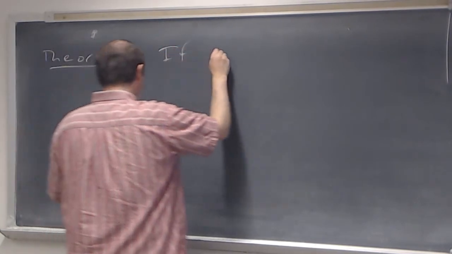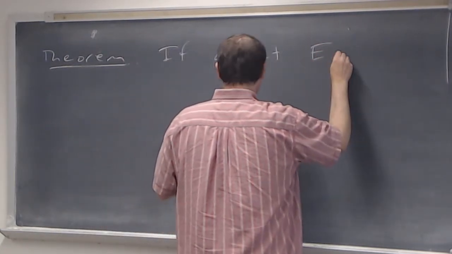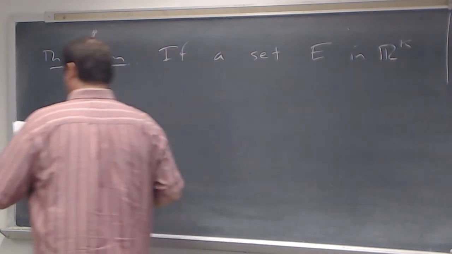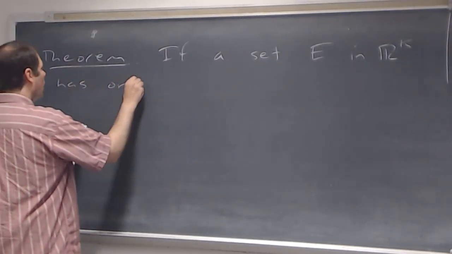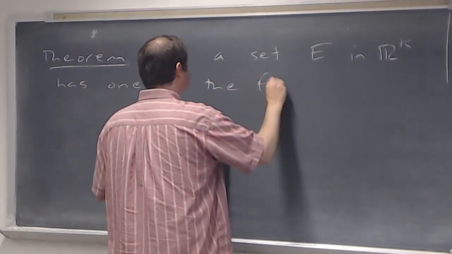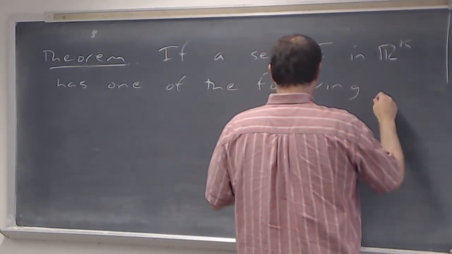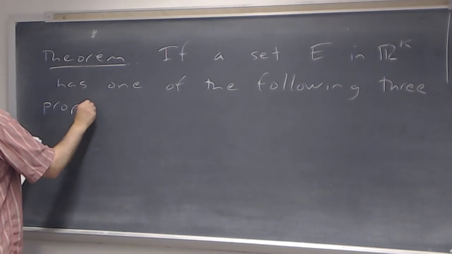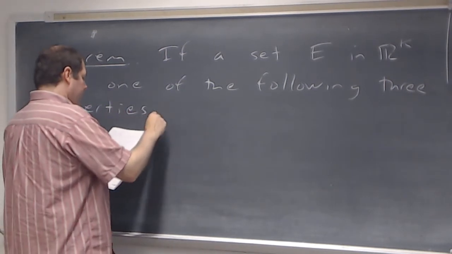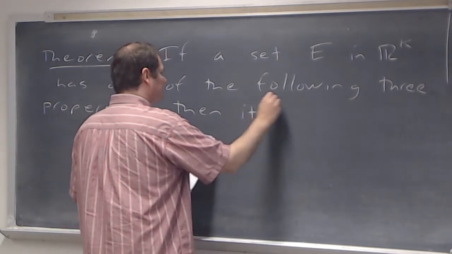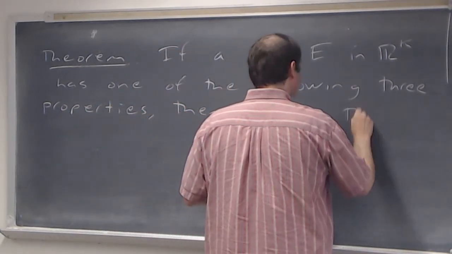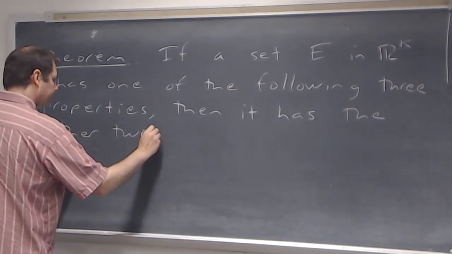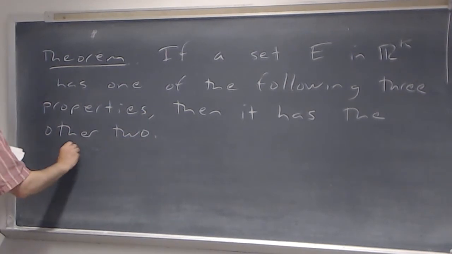It said, if a set E in R^k has one of the following three properties, then it has the other two.